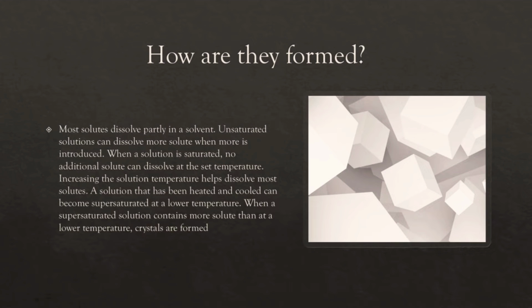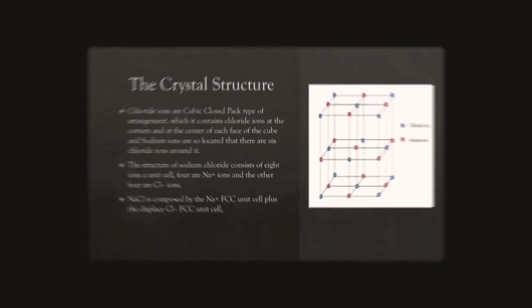Increasing the solution temperature generally helps to dissolve more solute. A solution that has been heated and cooled can become supersaturated at a lower temperature. Hence, when a supersaturated solution contains more solute than it can hold at the lower temperature, crystals are formed.